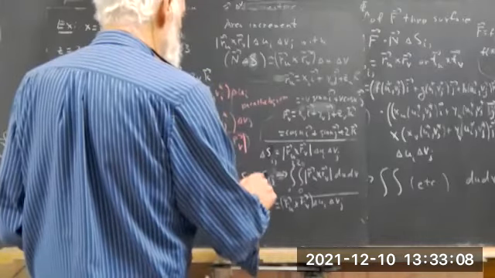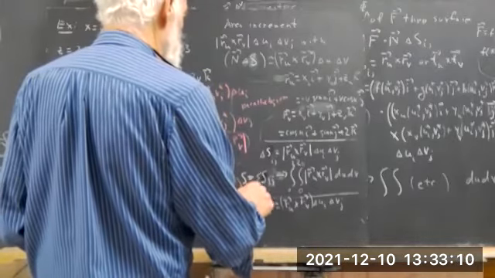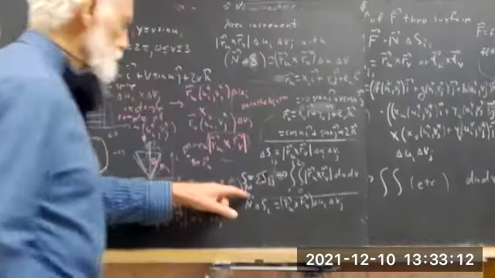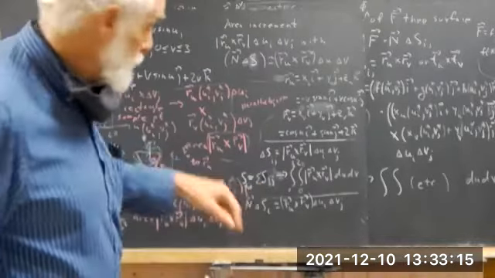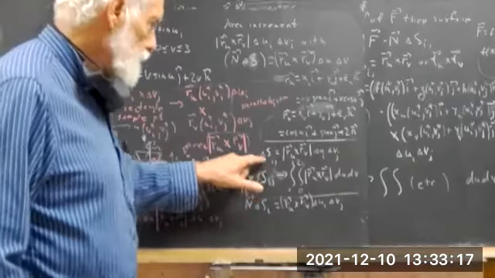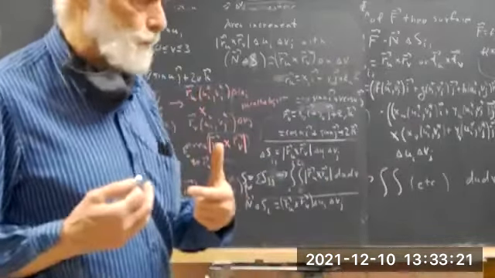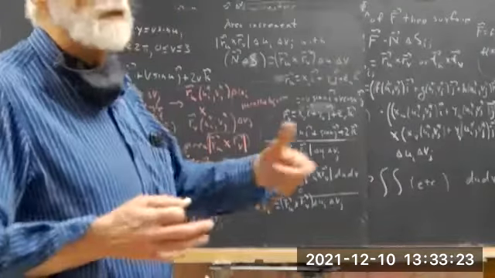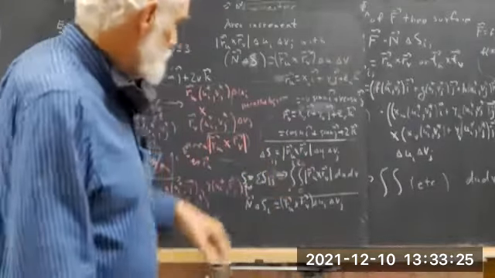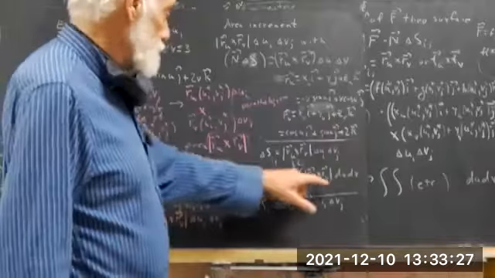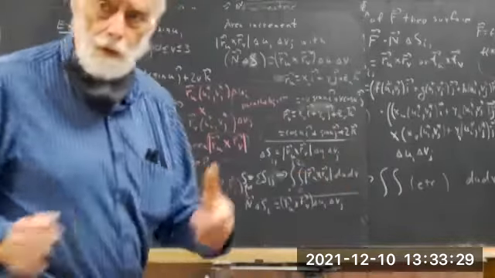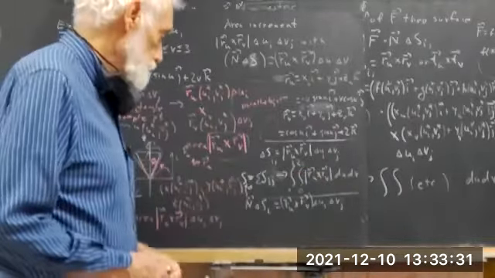So S, which is the total surface area, I don't need to write a subscript total on there, but I'll do it just for clarity. Total surface area is the sum of all the ij surface area increments, and that approaches this limit in a way that should be very clear to you from what we've done.